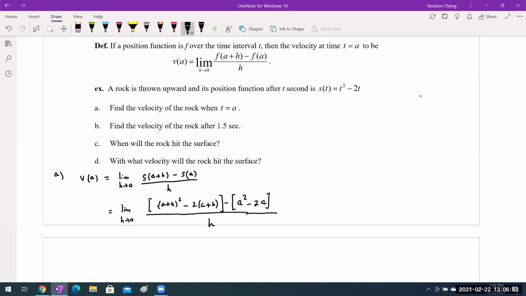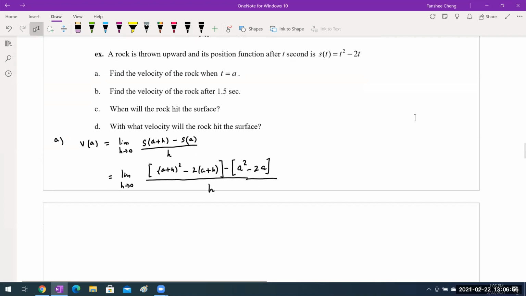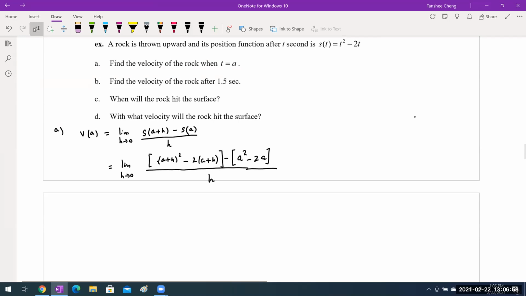So continue simplifying this part. That will give us the limit as h approaches 0. FOIL it, that will be a squared plus 2ah plus h squared, distributing the -2 and distributing the negative to the next function.